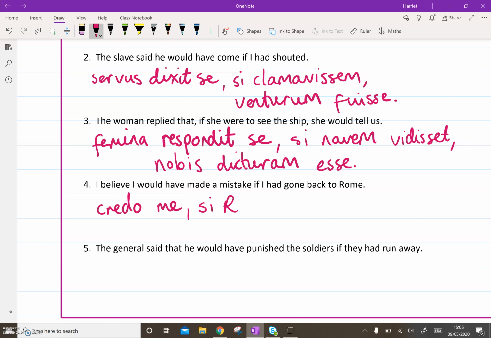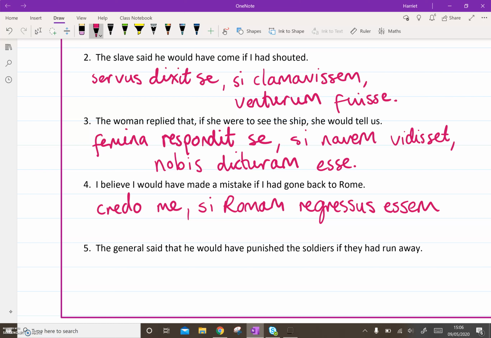So si Romam. Let's use the deponent regredior. So we go regressus. I'm just going to assume this person is a man. And then the pluperfect subjunctive essem. Okay, because remember the pluperfect subjunctive of a deponent verb is the PAP plus the imperfect subjunctive of sum.